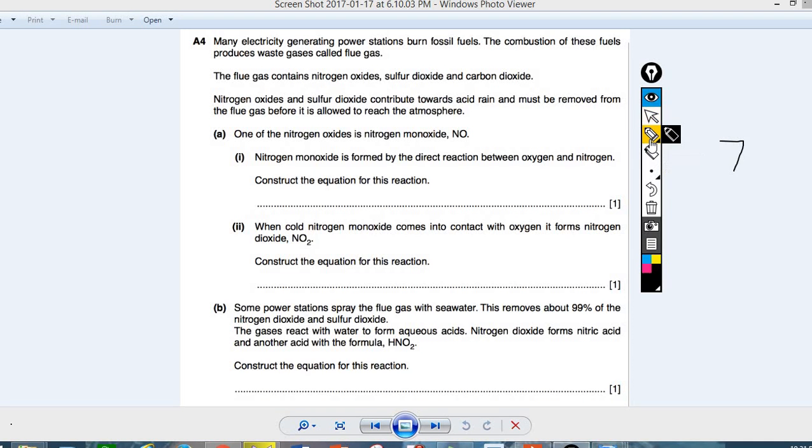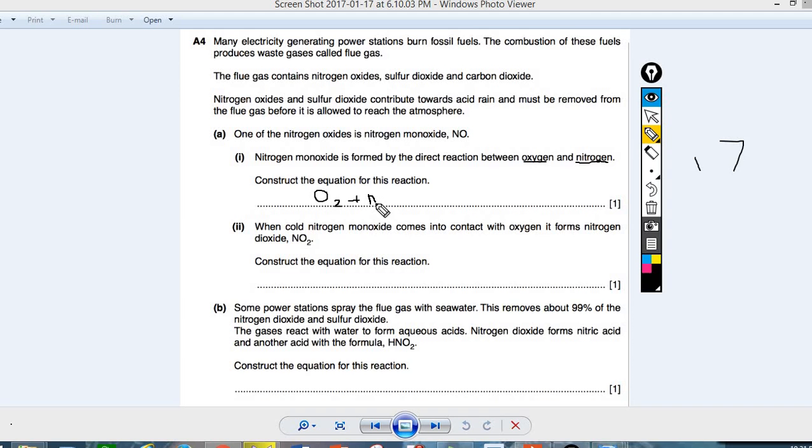Let's get the pen. So here, this can be formed by reacting oxygen and nitrogen. It says so. So you can just go ahead and write oxygen, which is a diatomic gas, plus again nitrogen.